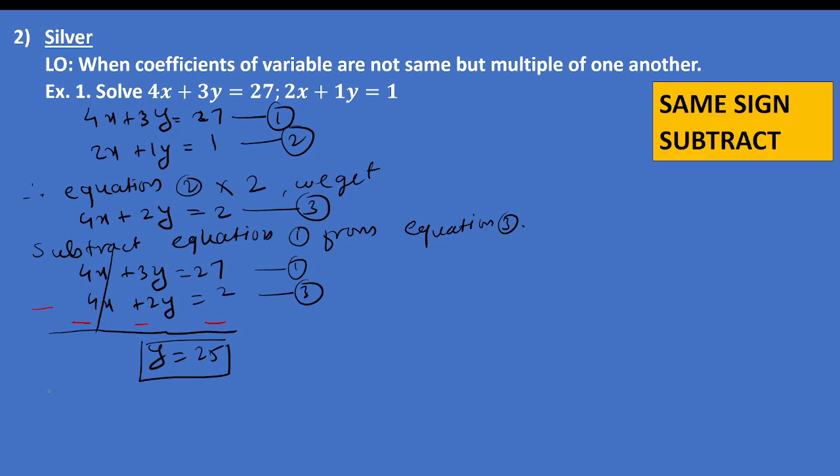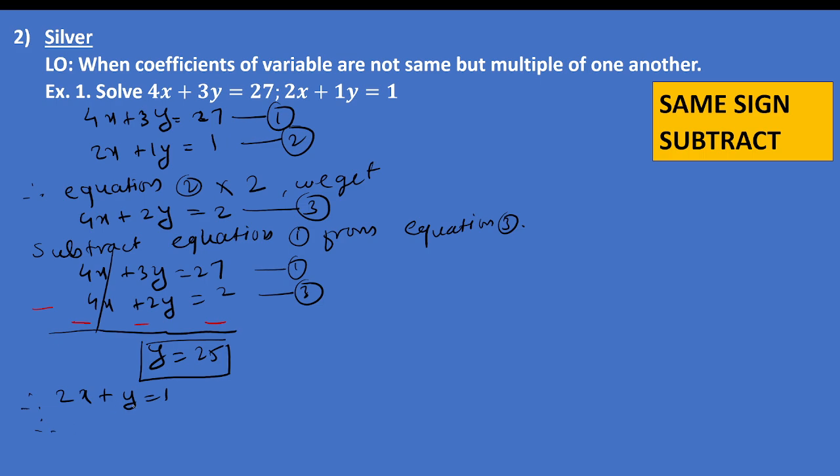Now we are going to look for the second variable, which is x. So I'm going to put this value in, let's take equation number 2 only. So it is 2x plus y equals 1.